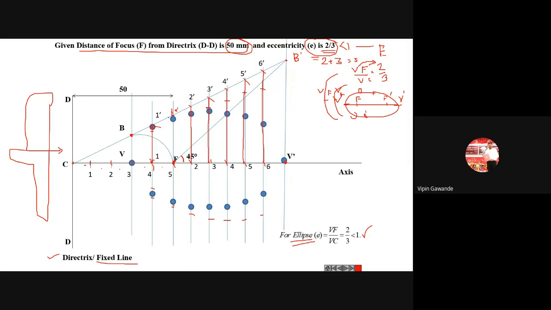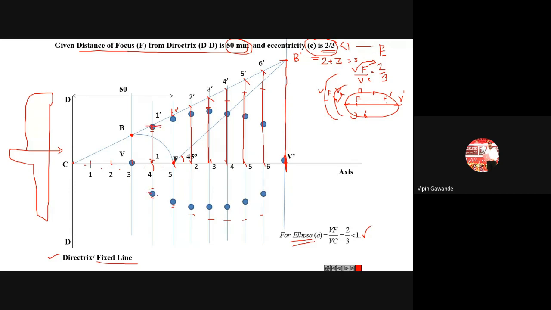on this line above and below the axis. Last point you will get, suppose if you take V dash and B dash distance in compass from F, this point will come here. So what we got now, see, we got this type of points. How we got these points: we have taken 1 dash distance in compass from center F, you have to cut 1 dash.